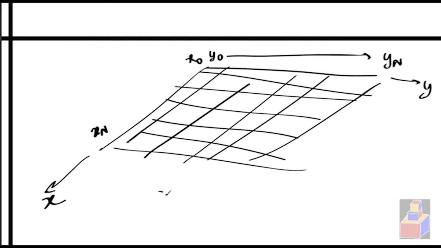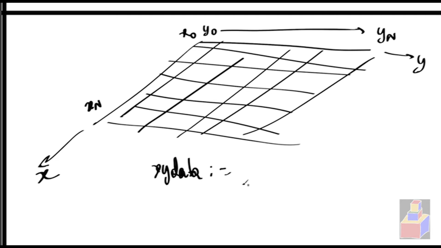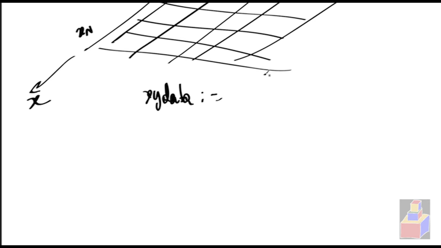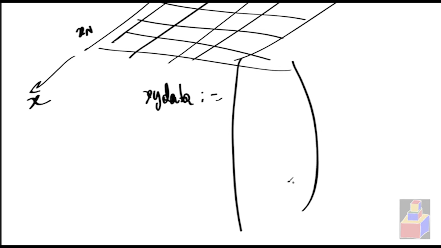So your XY data argument is simply a matrix of two columns. Here we have all the X values. Here we have all the Y values.